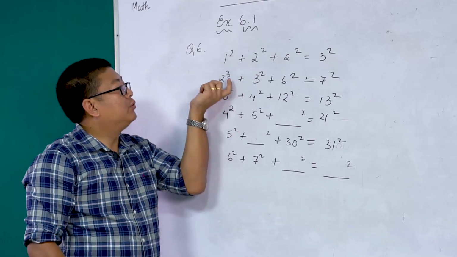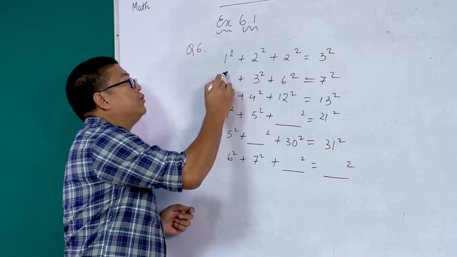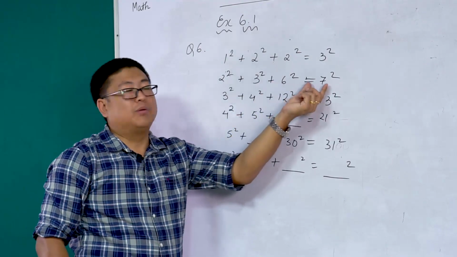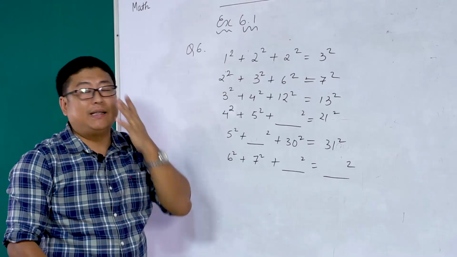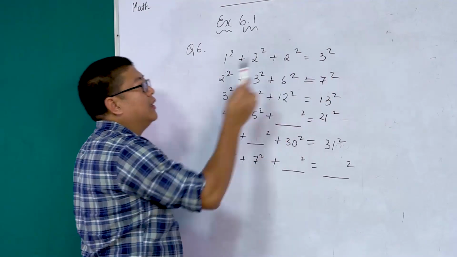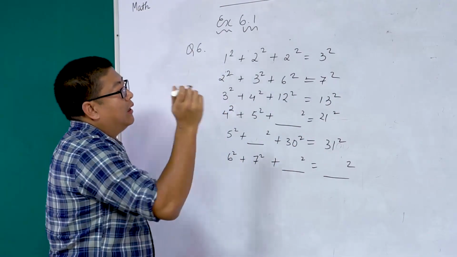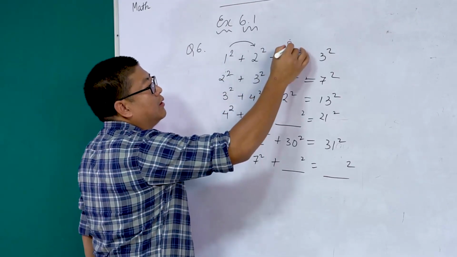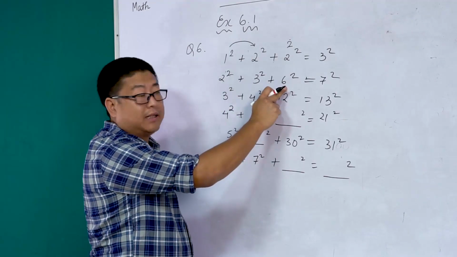The next pattern: 2 square plus 3 square plus 6 square is equal to 7 square. Now, when we compare these two, 1 square plus 2 square plus 2 square is 3 square, and 2 square plus 3 square plus 6 square is 7 square, what we can notice here is 1 into 2 is 2. Similarly, 2 into 3 is 6.